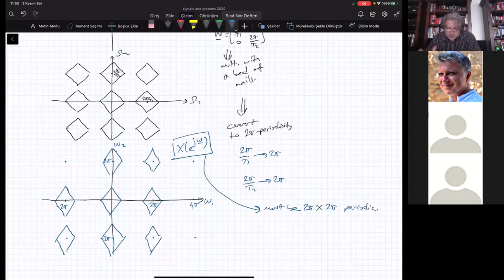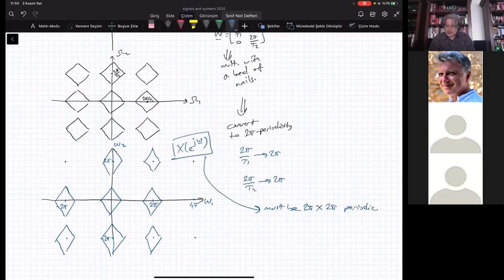If, in an exam question or in an answer to any kind of question, you give me a two-dimensional discrete time Fourier transform of a two-dimensional discrete time signal, like an image, and give me a result which is not 2 pi by 2 pi periodic, it means you are making a mistake. It cannot be. It must be 2 pi by 2 pi periodic.